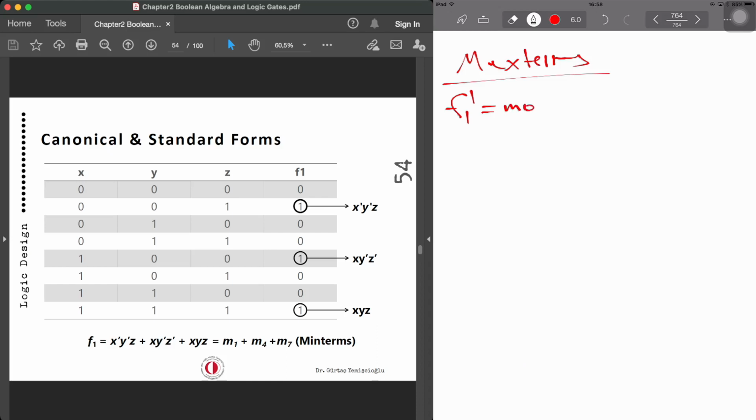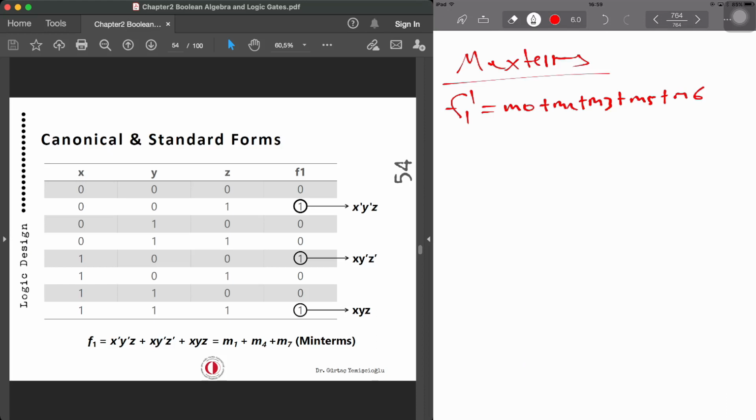Minterm 0, minterm 2, minterm 3, minterm 5, and minterm 6. Okay, so those which are not included when f is 1 are actually representing our max terms.